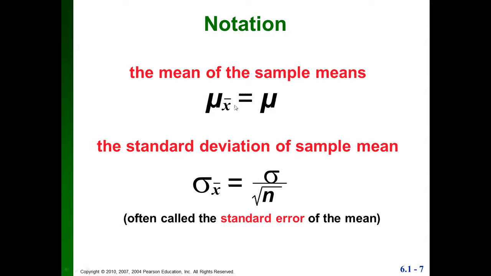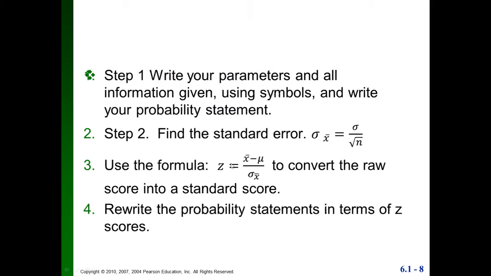Now, the procedures when we come to the central limit theorem problems are going to be here. Number 1, write your parameters, all the information given to you, using symbols, and write your probability statement. Okay, once you do that, you find your standard error. Take the standard deviation divided by the square root of your sample size.